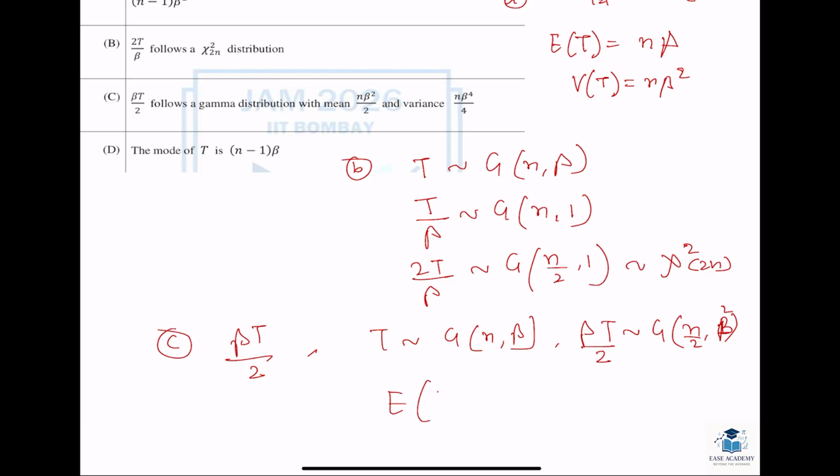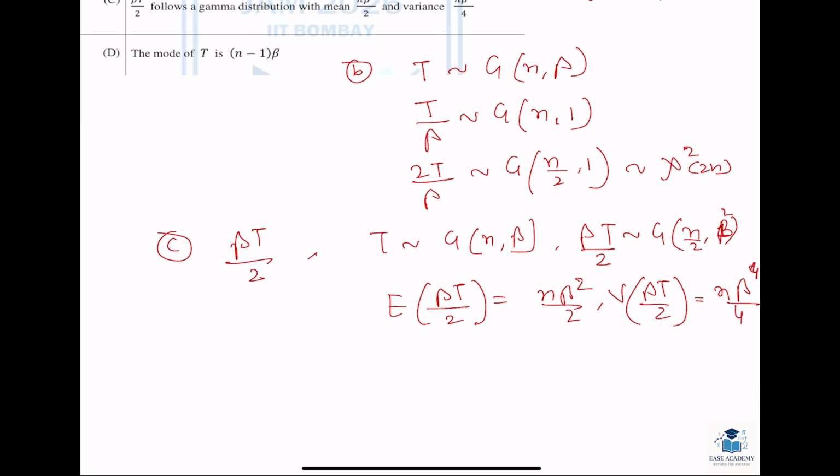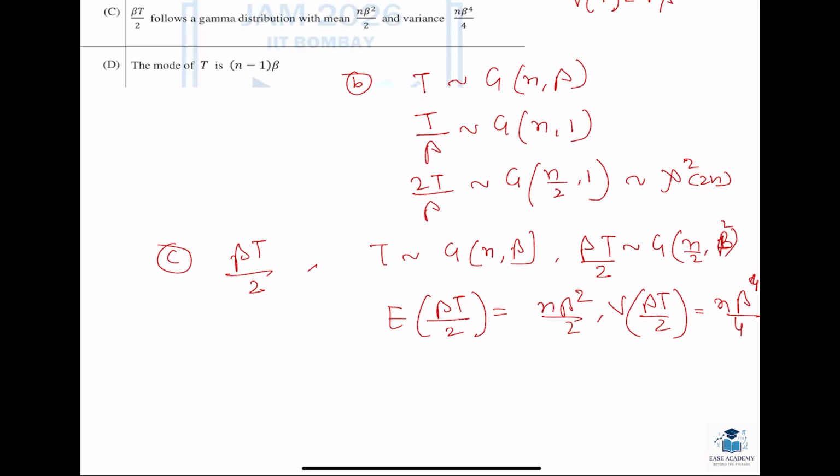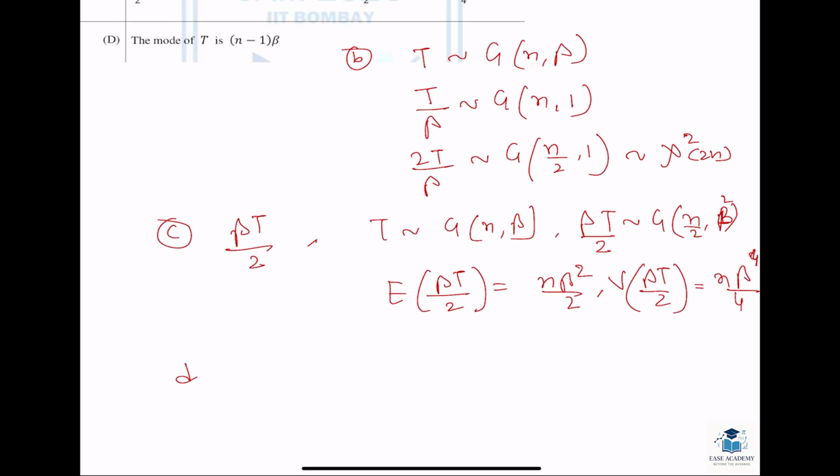So expectation of beta T by 2 would be n beta square by 2, and variance of beta T by 2 would be n beta by 4. So now next is option number D.